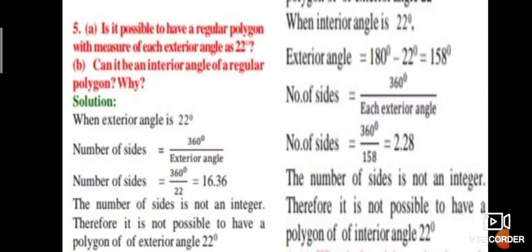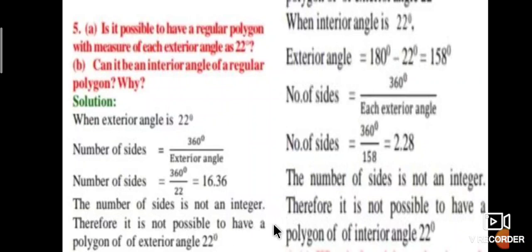Because when exterior angle is 22 degrees, the number of sides is equal to 360 divided by exterior angle, that is 360 divided by 22, which is equal to 16.36. Therefore, the number of sides is not an integer.